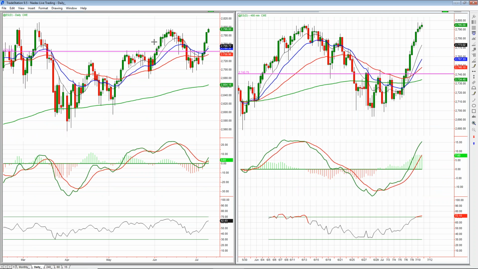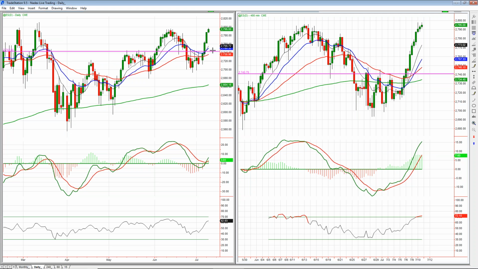Going over to the daily chart, we can see how we're right back up to that level, touching it pretty much on the nose. We've got a little overextension from the moving averages, but pretty much everything fanning out really nicely there. So at this point, we could get a pullback here on the daily chart that looks more imminent than it does on the weekly chart.